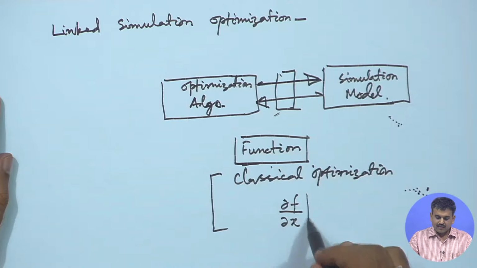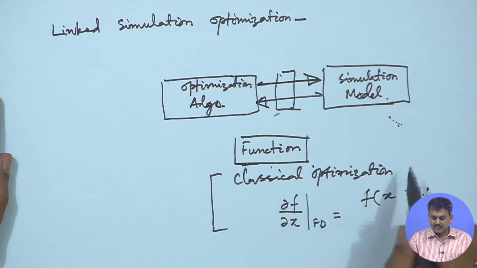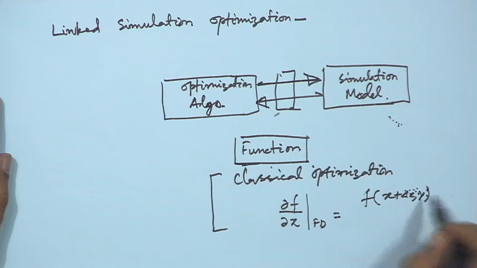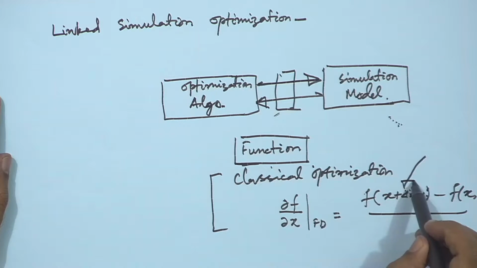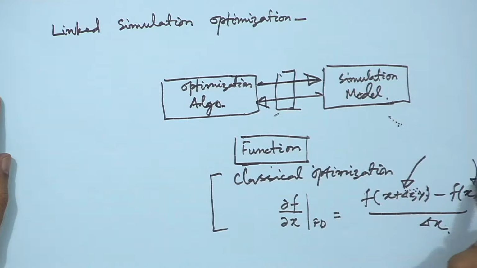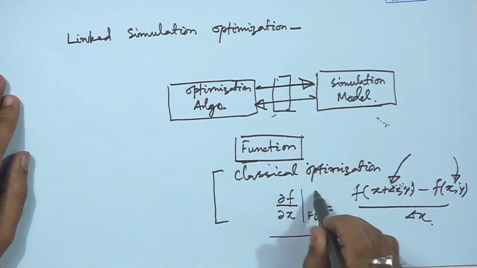Then for forward difference we can write it as f(x plus delta x, y), maybe y is there, it is a two variable function, divided by del x. So, from your simulation model, you have to calculate this one, and this one, then only you can get the gradient value.